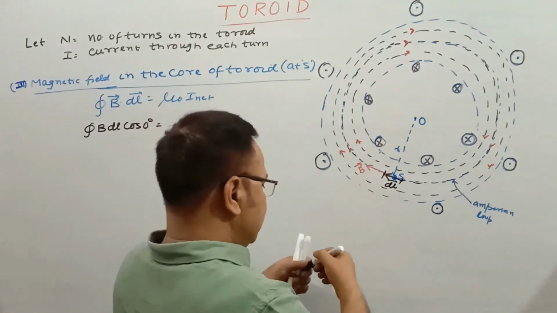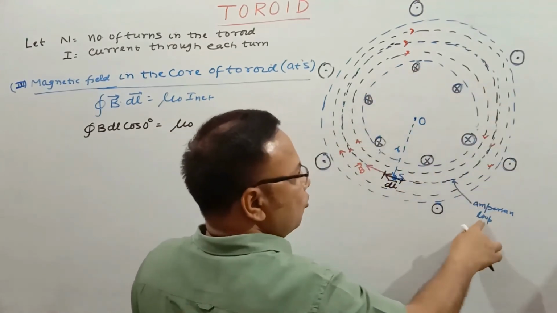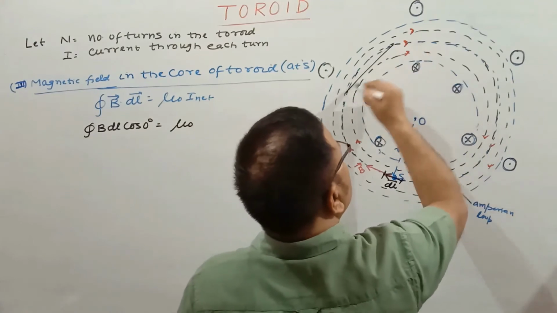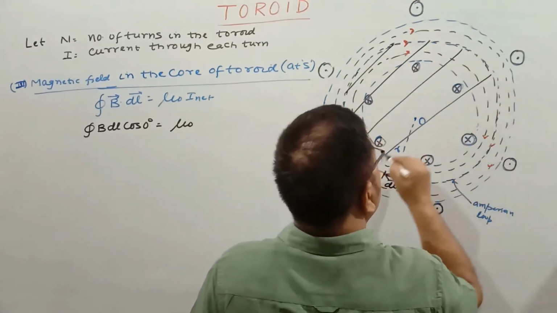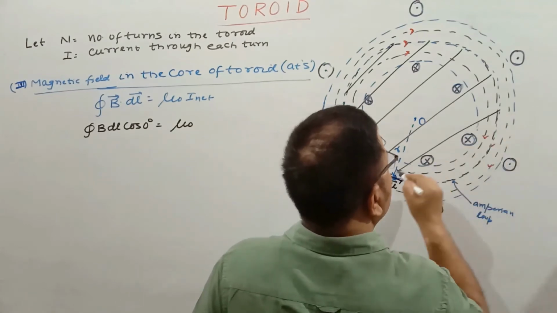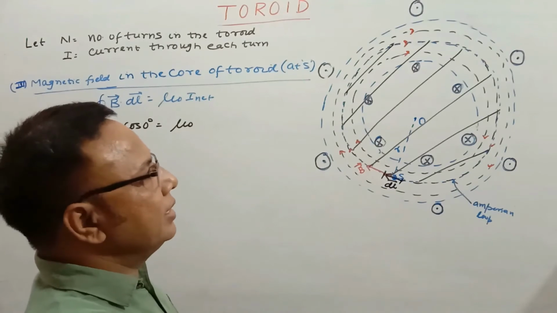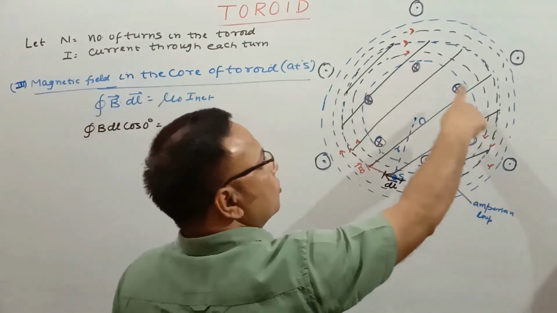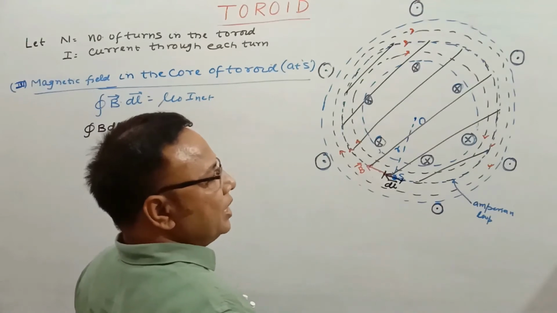The area of the Amperian loop we had chosen is this. Now which wires are crossing this area? Only these, the cross zone. All the dots are outside this Amperian loop area.